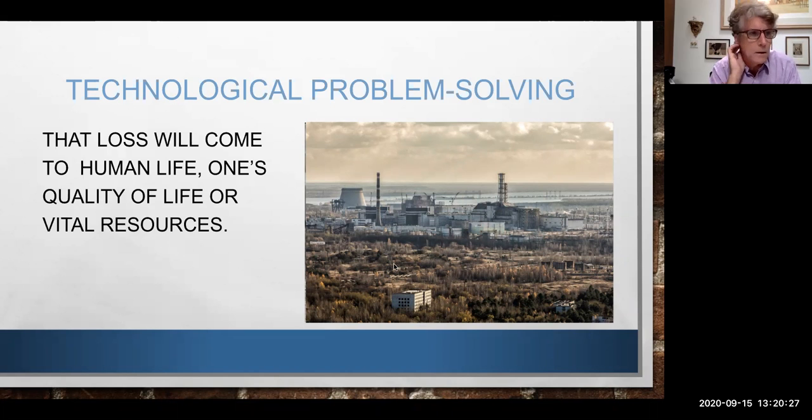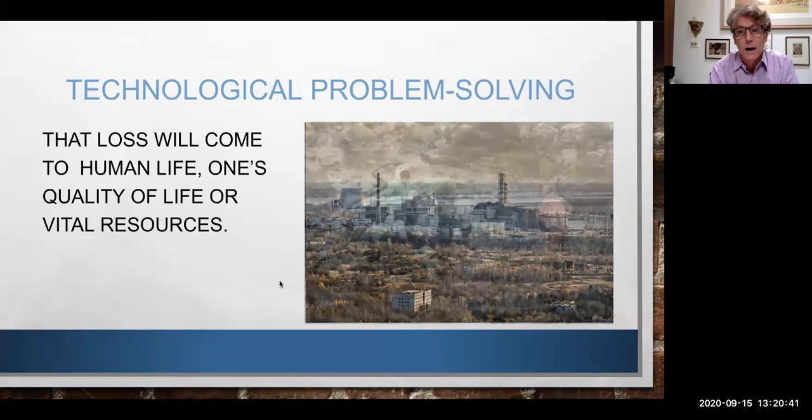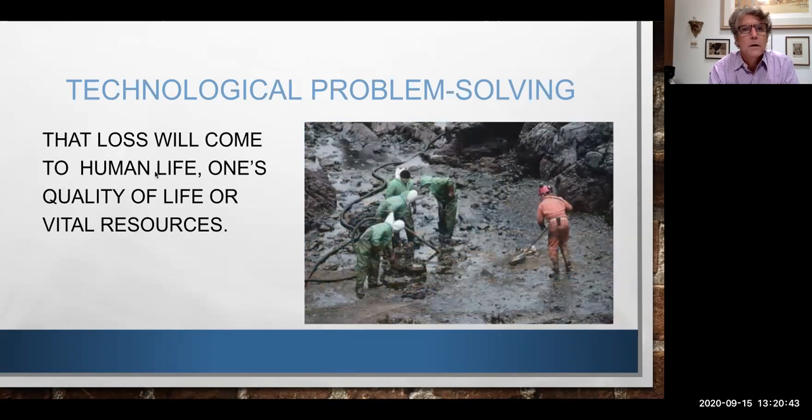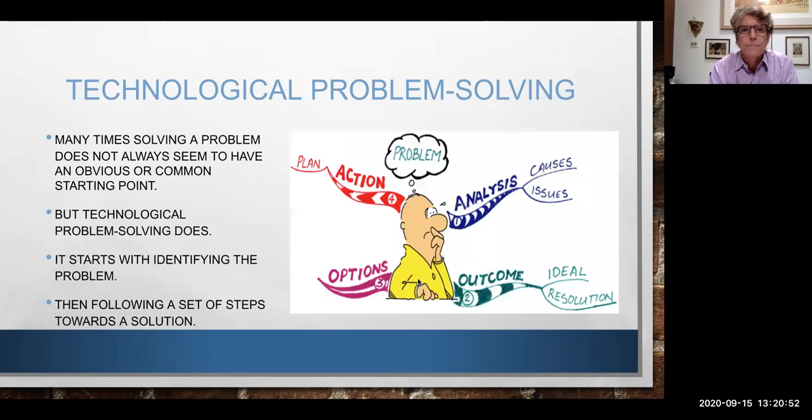Bhopal was a big industrial complex for Phillips 66 in Bhopal, India, where a toxic cloud got released and killed everyone surrounding the factory. That was a technological problem. But just remember, the loss will come to human life, one's quality of life, or vital resources. This is definitely an oil spill.